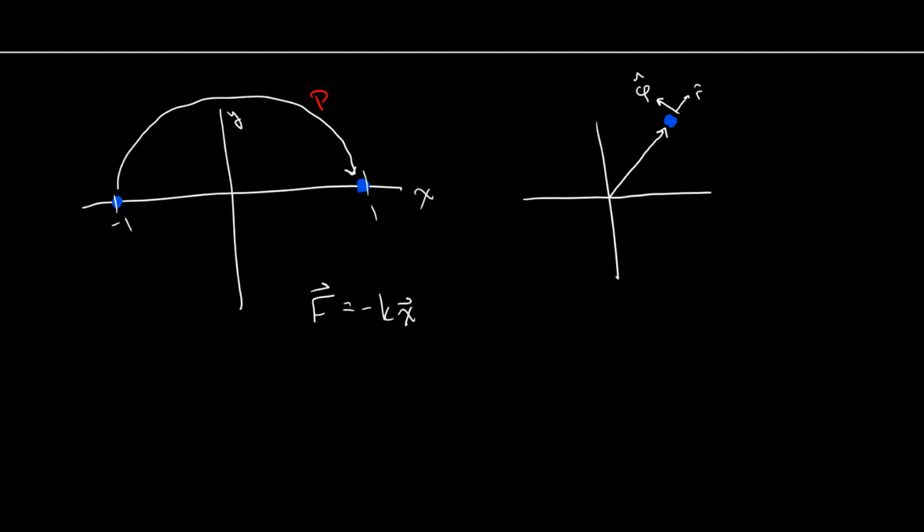So you can see that as I rotate this vector, so maybe I rotate it to here, my r hat direction and my phi hat direction may point in different directions, but r hat always points directly outwards from the origin, and phi hat always points perpendicular to that. But this is my x vector, right?